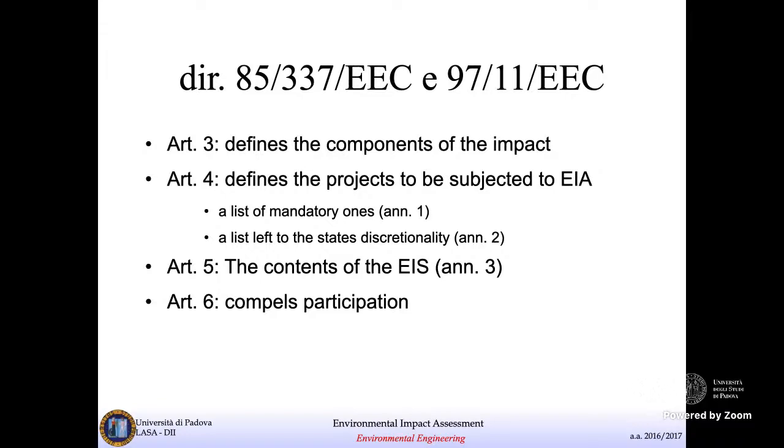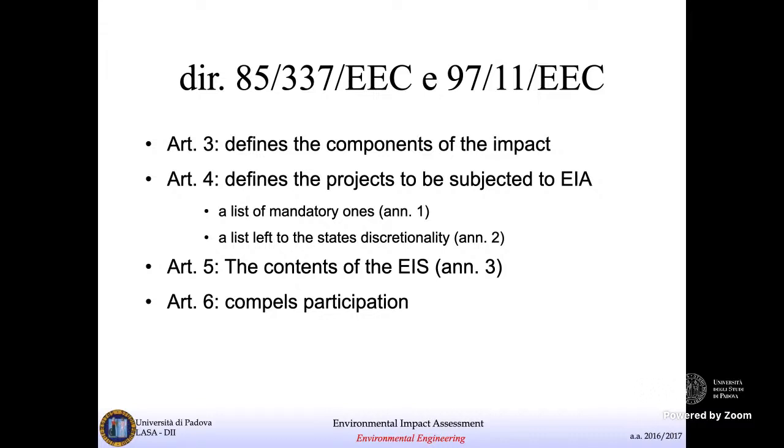Okay, let's go more in detail into the content of the directives, still 85 and 97. In particular, Article 3 defines the components of the impacts. Article 4 defines, and here I'm talking about the Directive 97 of 1997, the project to be subject to environmental impact assessment. As I already told you, there is a list of mandatory projects, Annex 1, and a list left to the states' discretionality that is in Annex 2.